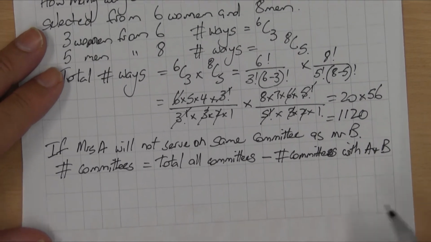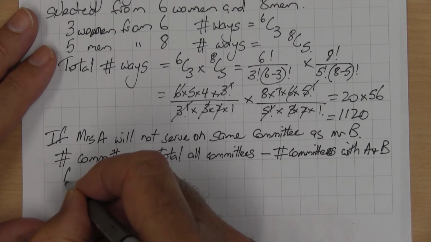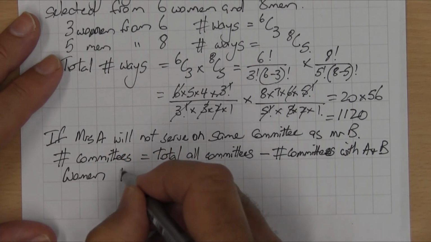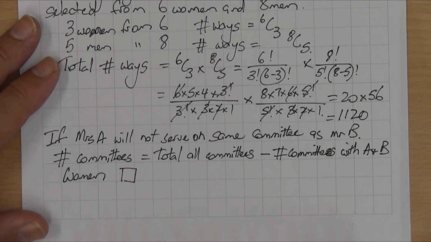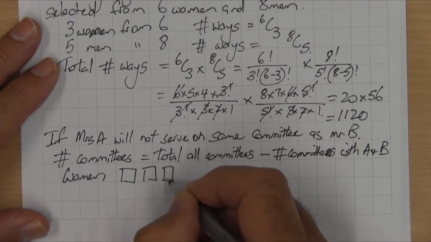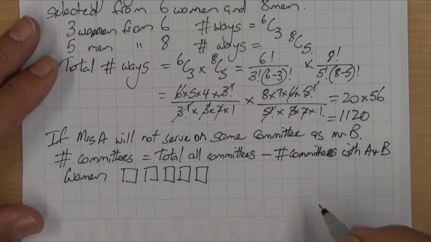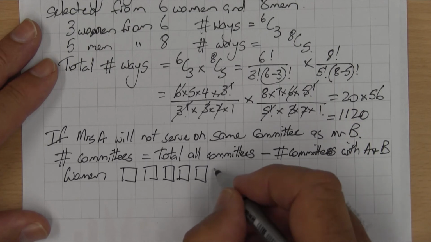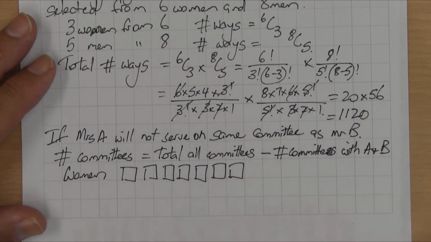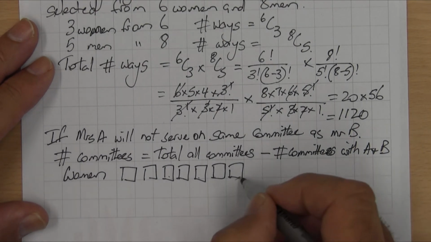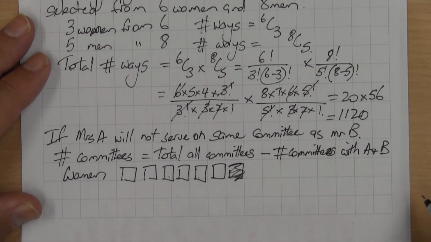So if we look at, say, the females or the women, we want to choose, how many have we got though? We've got 6. One, 2, 3, 4, 5, 6. Okay.